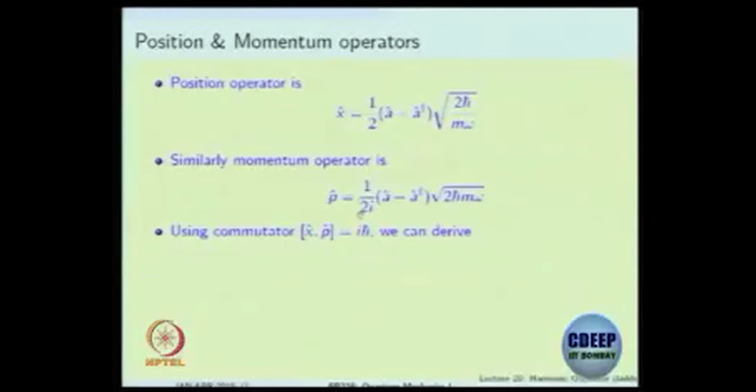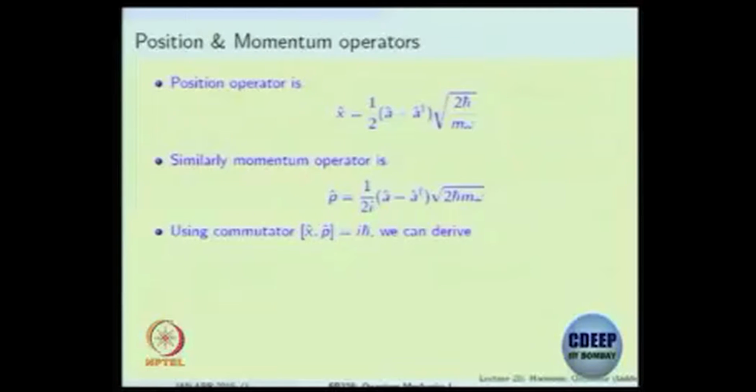So we are always going to use the position momentum commutator. Using this, can we get what is the commutator between A and A dagger? Okay.